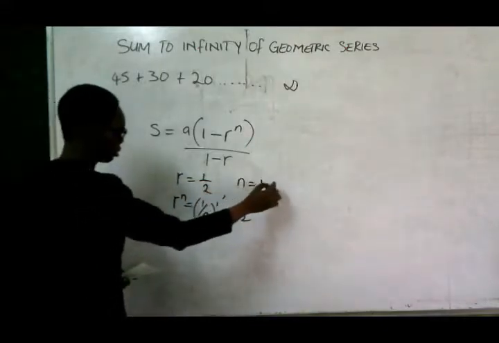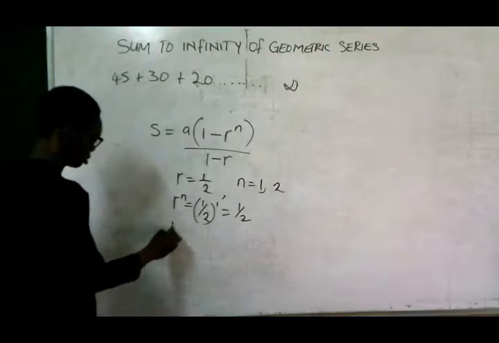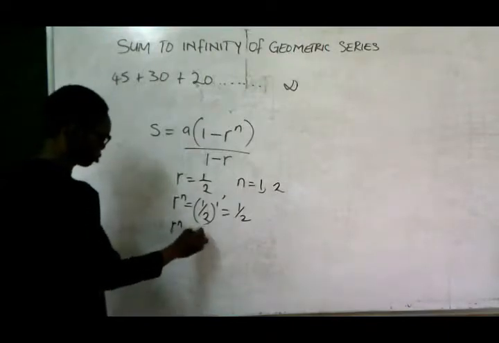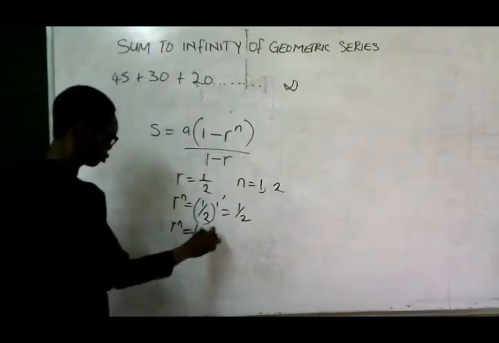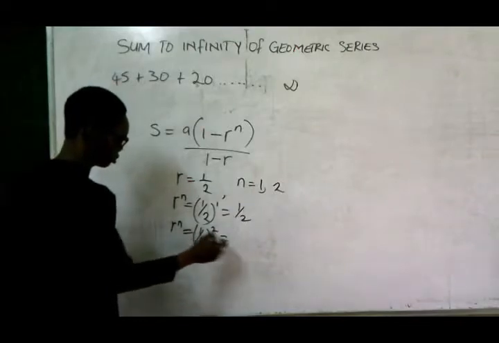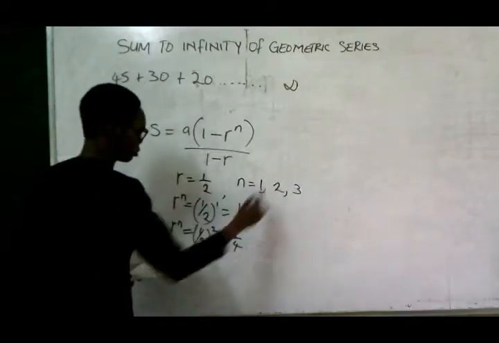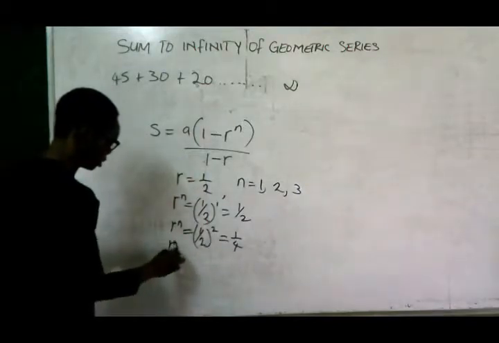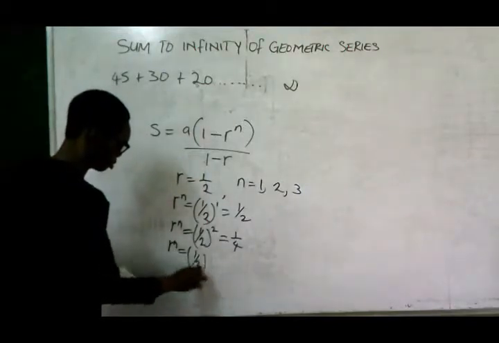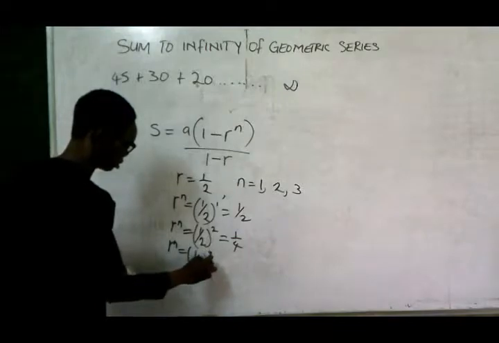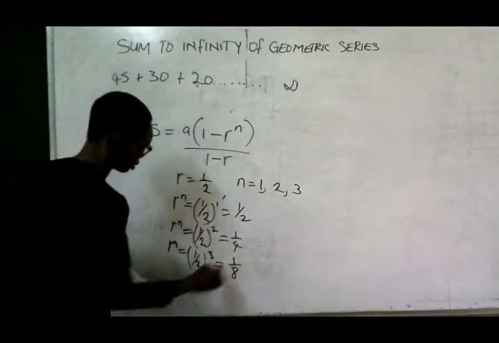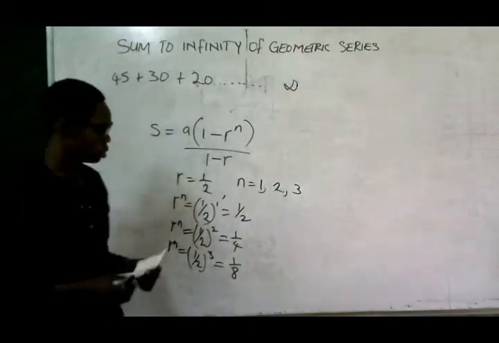Where n is equal to 2, r^n is equal to 1 over 2 raised to power 2, which is equal to 1 over 4. Where n is equal to 3, r^n is equal to 1 over 2 raised to power 3, which will give you 1 over 8.